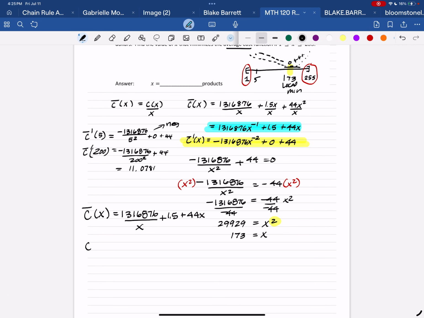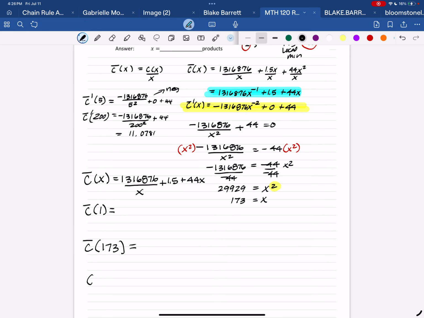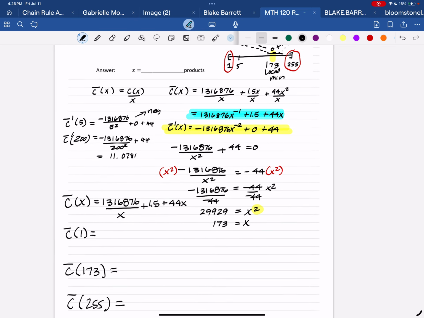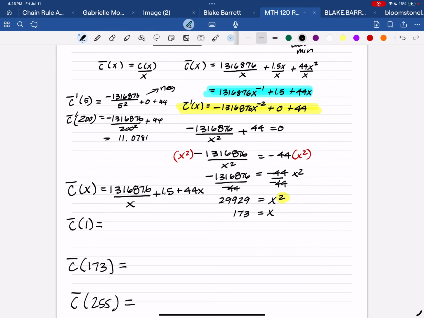So C bar of 1, C bar of 173, and C bar of 255. The smallest one needs to be the 173.